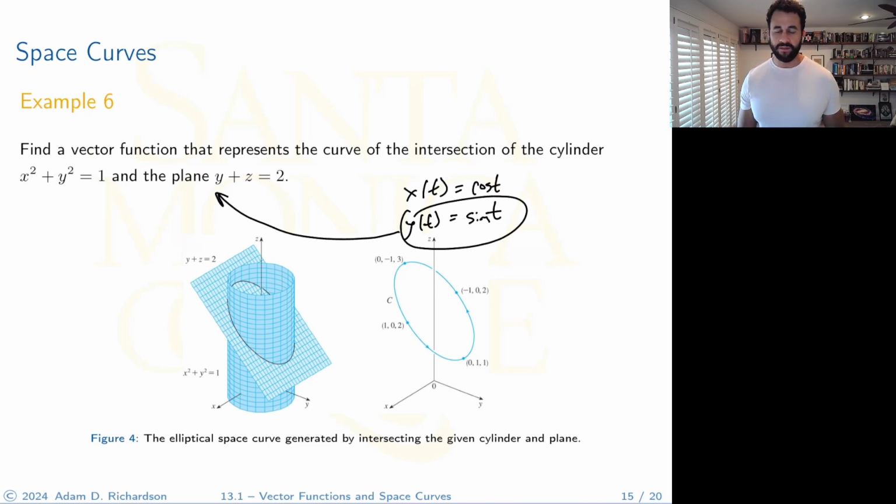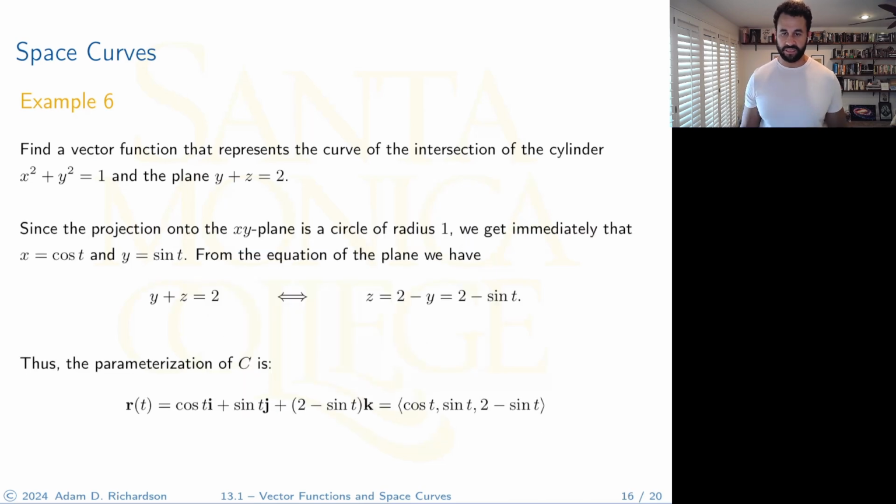Substitute that in for y, and then you can solve for z, and then you'll be able to get the parametric equation for z. Here we go. Just like this, 2 minus sine of t. So then in the end, we have x is cosine t, y is sine of t, and z is 2 minus sine of t.